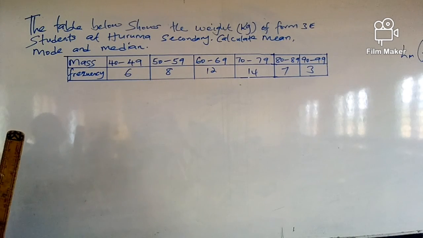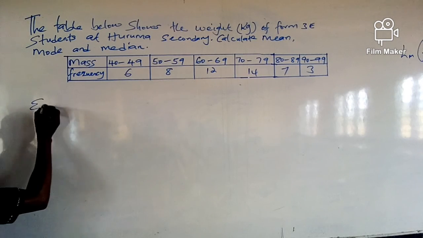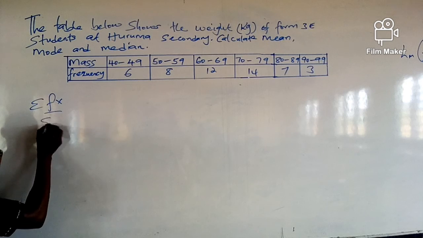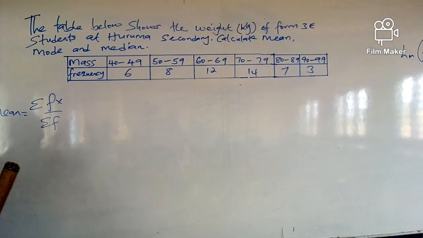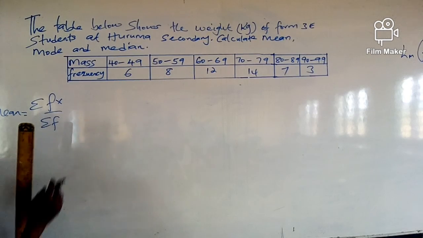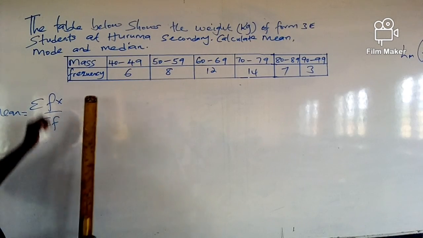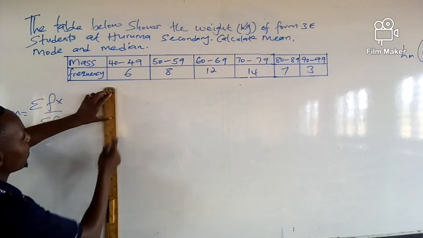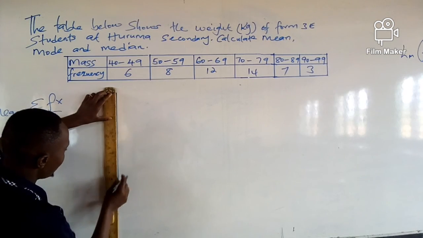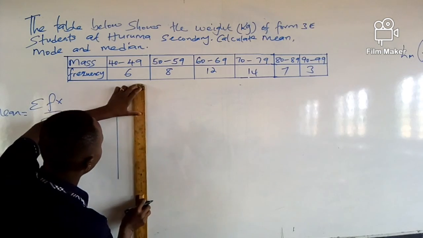To calculate the mean, we start with the usual formula, which is summation of fx over summation of f. So we need to reorganize this table in vertical form, creating another table.